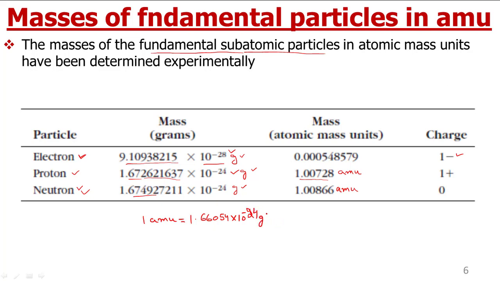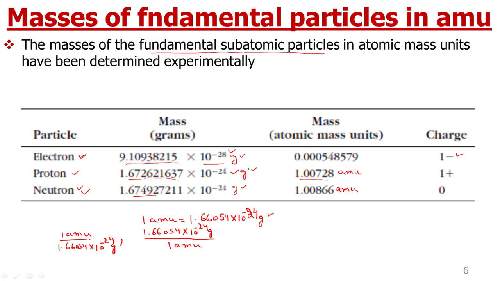This equivalence relation, as we discussed in our previous lecture, will give us two conversion factors: 1 AMU divided by 1.66054 into 10 raised to the power minus 24 gram, and the second conversion factor, 1.66054 into 10 raised to the power minus 24 gram divided by 1 AMU.